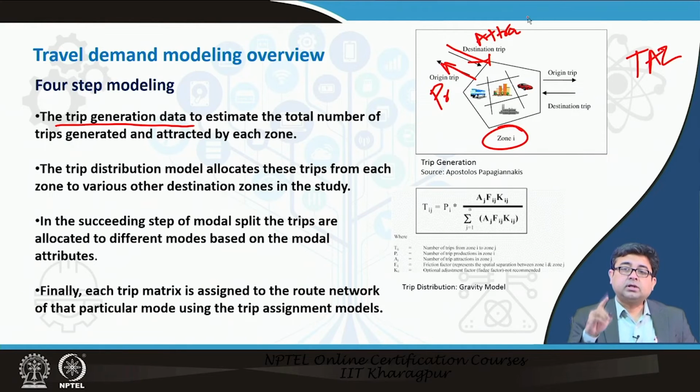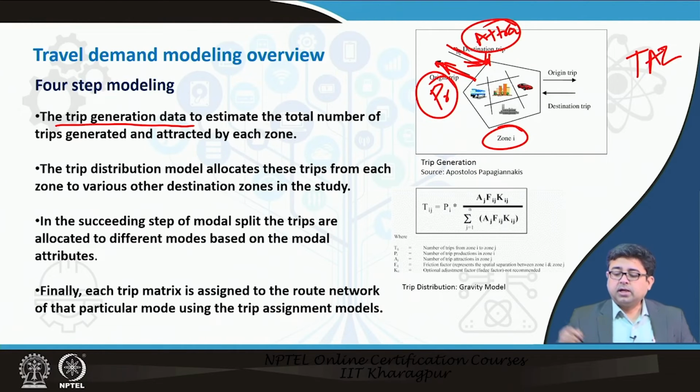So a trip is just a one-way travel between point A to point B. It is not a round trip. It's just a one-way trip. So this is one trip and this is the other trip, and any trip that is produced, an outward trip, is called a production trip, whereas anything that is an inward trip, the zone is called an attraction trip.